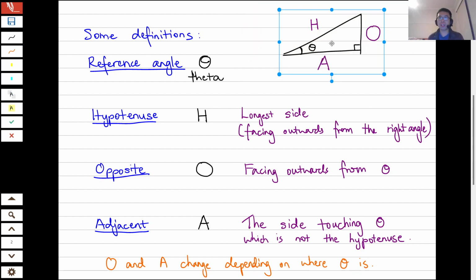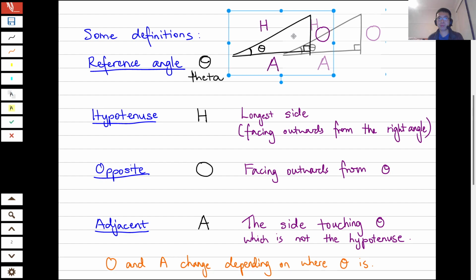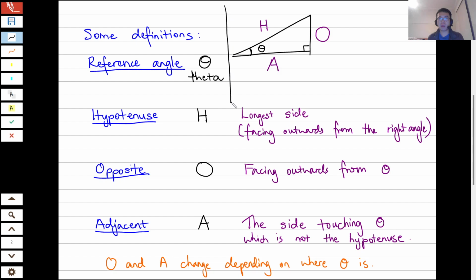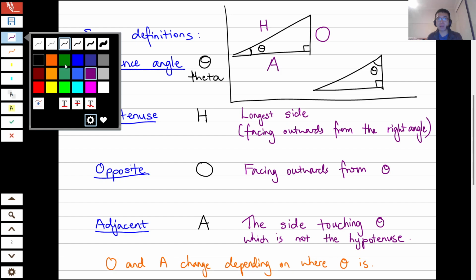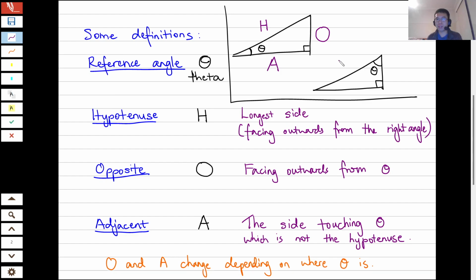If I copy this triangle and draw it again, this time with theta here in the top right rather than the bottom left, the hypotenuse is still going to be facing outwards from the right angle.